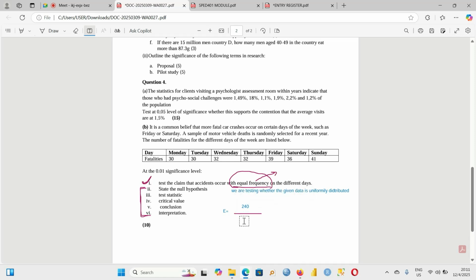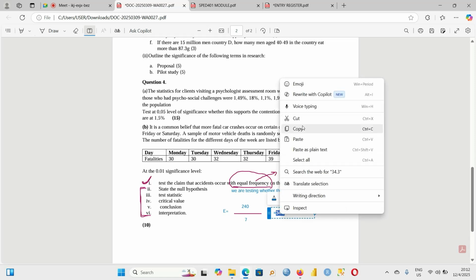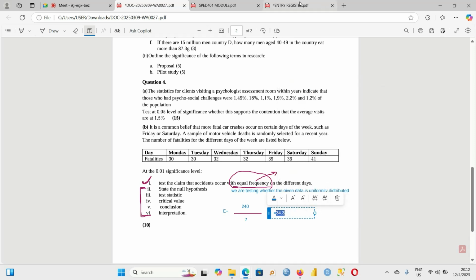Then the number of days, we have 7 days: 1, 2, 3, 4, 5, 6, 7. So 240 divided by 7 gives 34.3 to 1 decimal place. So this 34.3 is our expected frequency.